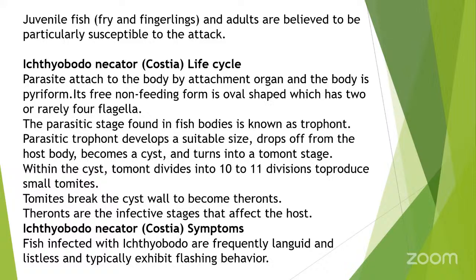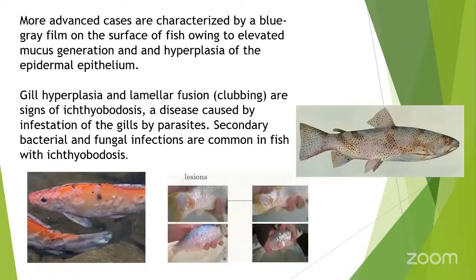Now, the symptoms are going to be like this. Infected fish are frequently languid and listless and typically exhibit flashing behavior. In more advanced cases, they are characterized by a blue-gray film on the surface of the fish owing to elevated mucus generation and hyperplasia of the epidermal epithelium.